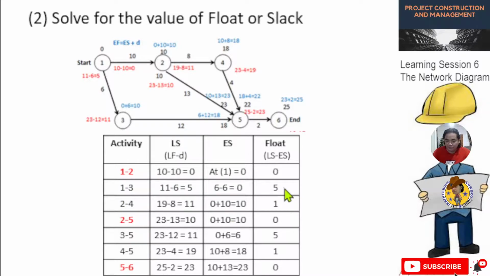Activity 1 to 3 has a float of 5 days, then 2 to 4 is 1 day, 3 to 5 is 5 days, then 4 to 5 is 1 day. So it's very clear that the critical path has zero float.